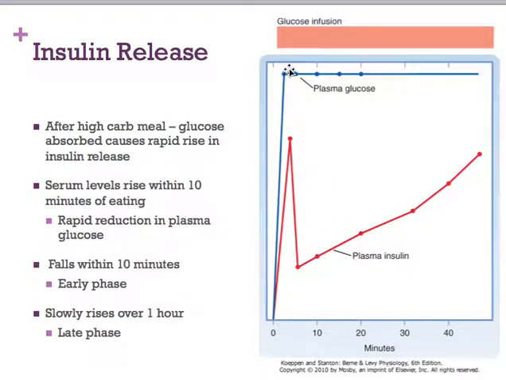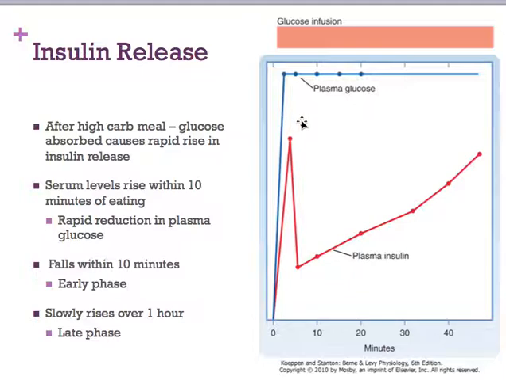So this is a big, big bolus dose, an infusion dose of glucose. Then we are measuring the level of insulin in the plasma. So insulin is released in a spike fashion, where immediately after a high carbohydrate meal, or in this case, a controlled glucose infusion, you see insulin release immediately spike.